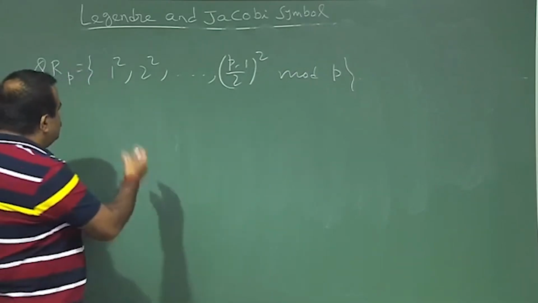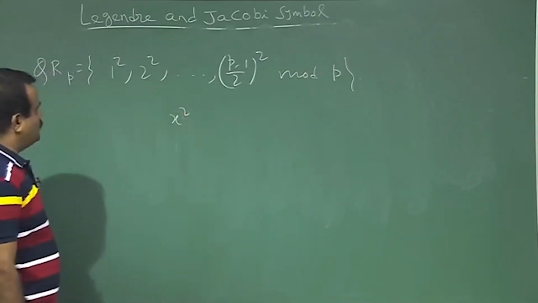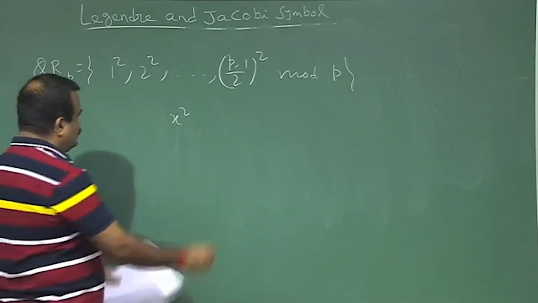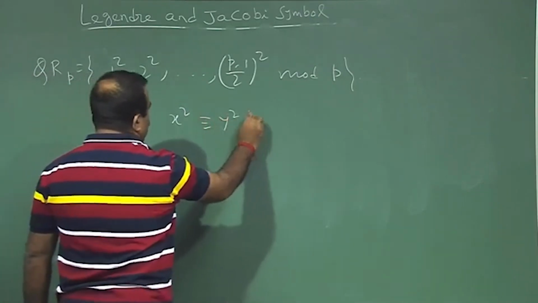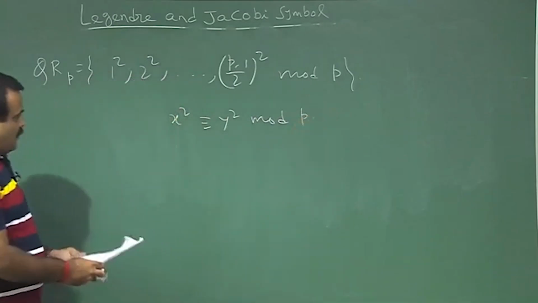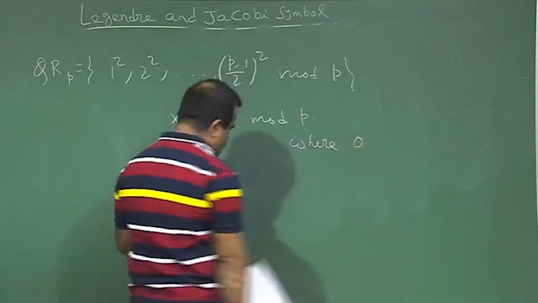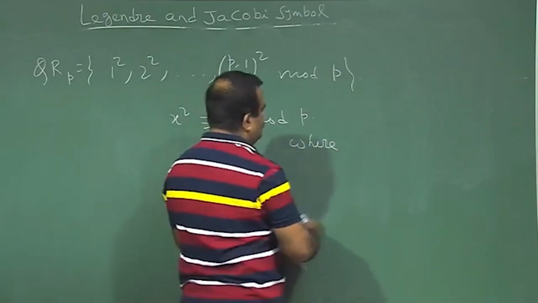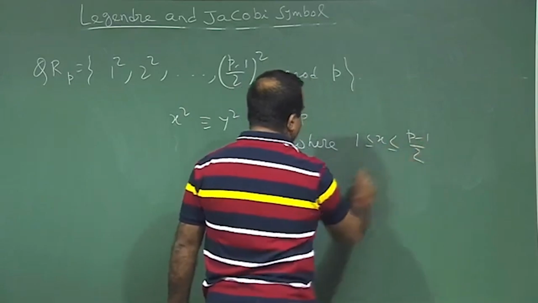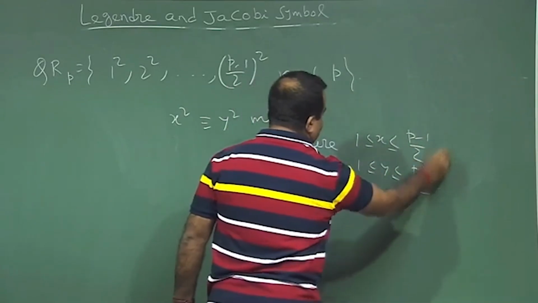So let us take two elements from this set, x square and y square. Suppose they are not distinct, suppose x square is congruent to y square mod p, where x and y both come from 1 less than or equal to x, y less than or equal to (p minus 1) by 2.